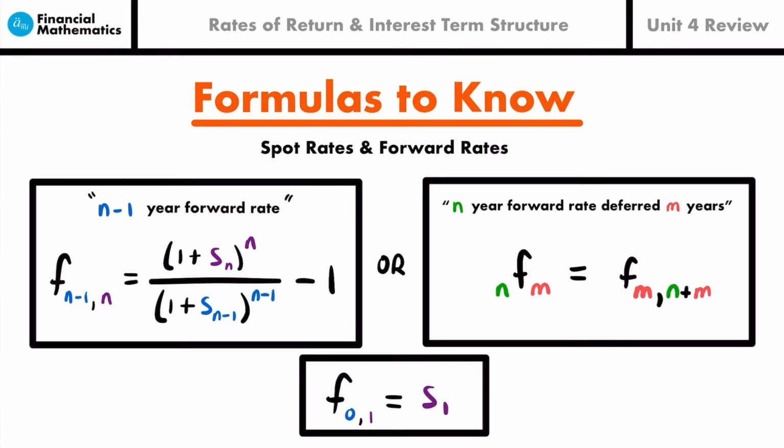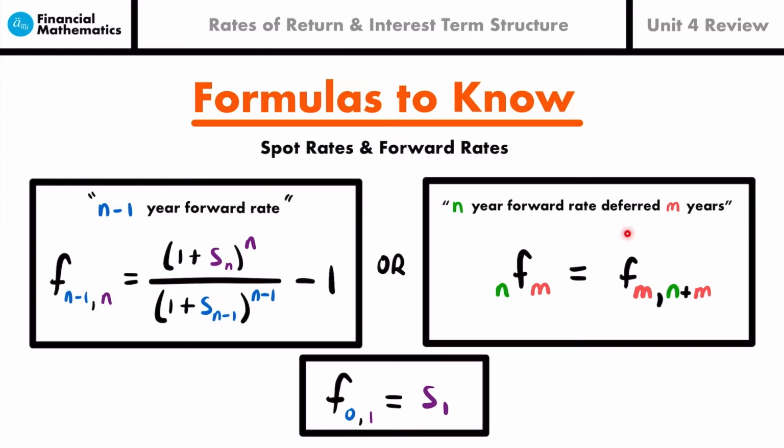Instead of having lowercase f with a subscript of the 2 years that the forward rate takes place between, with a comma separating them, we have this subscript of n before f and then the subscript of m after, where n is the number of years that the forward rate takes place for and m is where it starts. All right, so when it says an n-year forward rate deferred m years, it's saying that the forward rate takes place for an n number of years and it starts at year m.